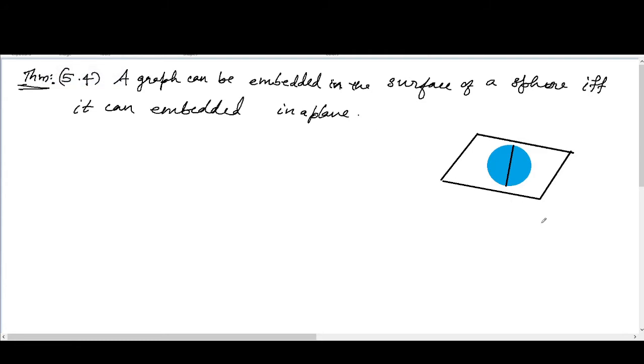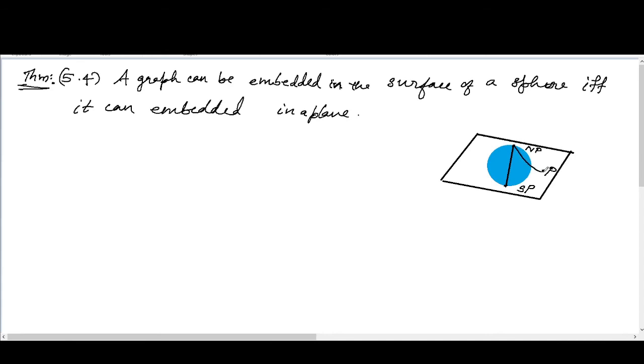Now here you mark the south pole as SP and the north pole as NP. This is the north pole and this is the south pole. Now we consider a point P here in the plane.